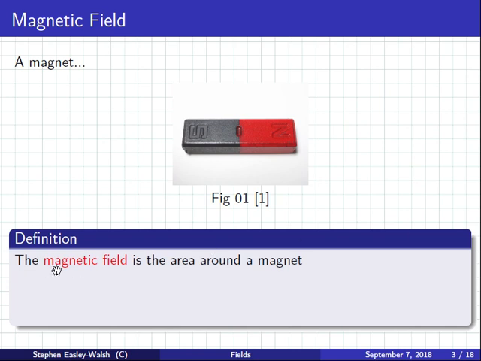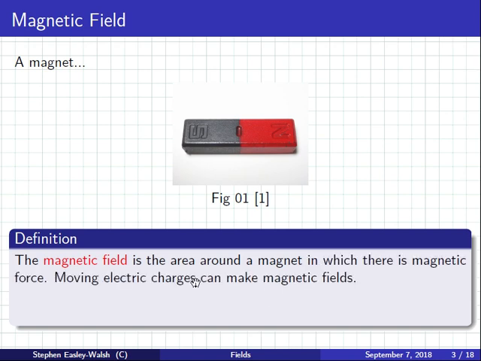So the magnetic field, we looked at this word already, field. Do you remember exactly what we mean by field? It's like a vector field, something around. It shows you the direction. Anyways, the magnetic field is the area around a magnet where there's a magnetic force.